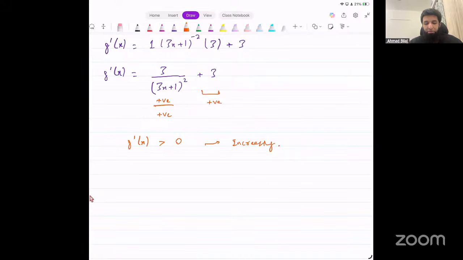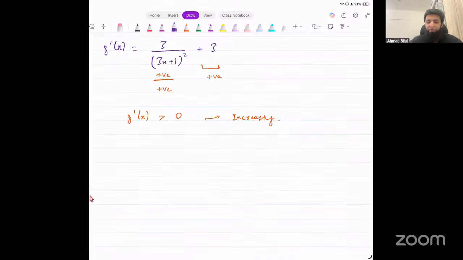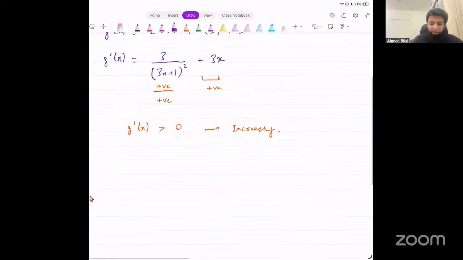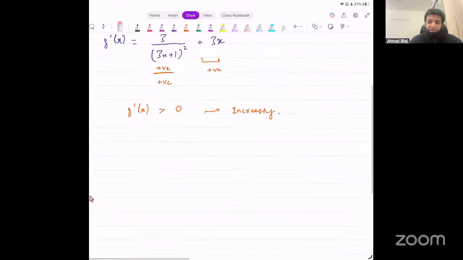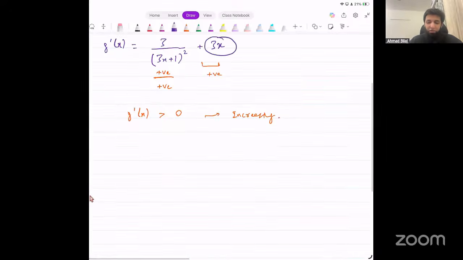If, let's suppose, in the derivative, we had an x here as well, what would you say in that case? Still, it would always be positive because of the condition that is given in the question, x greater than or equal to 0. x cannot be negative. That means still this term, it could be equal to 0, yes, but it would not be negative. But if that condition was not given, if the domain was not restricted to x greater than or equal to 0, in that case, you could say this is neither then.